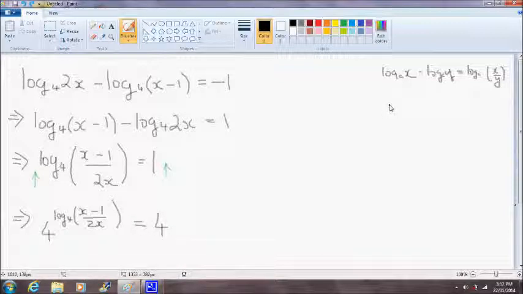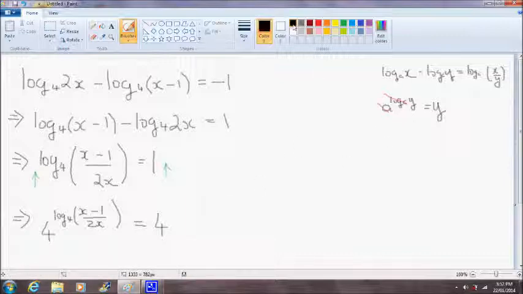Now you may recall from my last video that when I have a to the power of log a of y, we simply get y, as these two things cancel each other out, and they're pretty much like inverse functions.